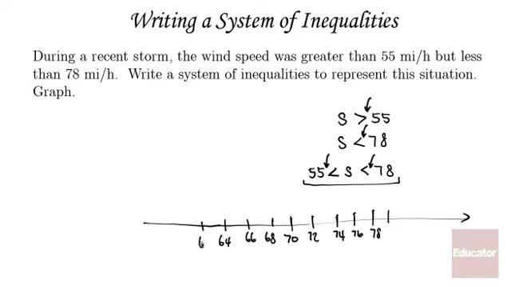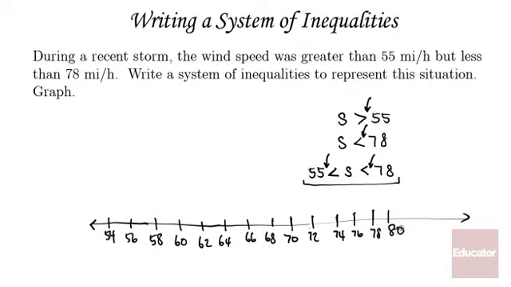It might depend on how much room you have on your paper. And of course, it's always a good idea to do graphs on graph paper. 58, 56, 54. And I can stop here. So 54, 56, 58, 60, 62, 64, 66, 68, 70, 72, 74, 76, 78, and 80, and then I can stop there.